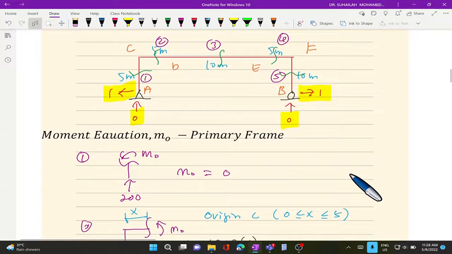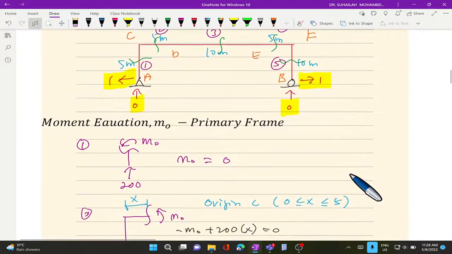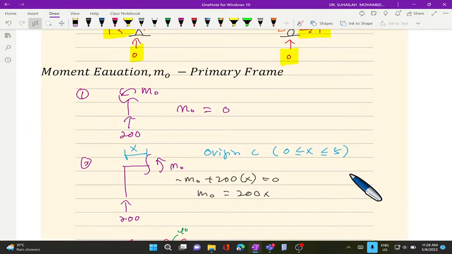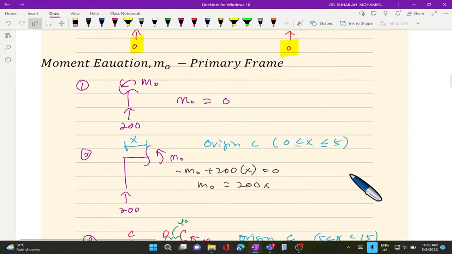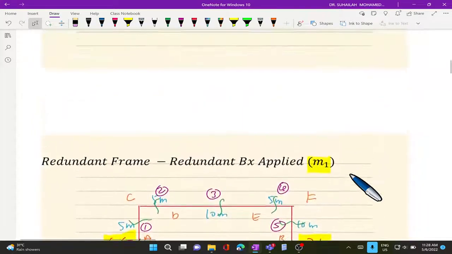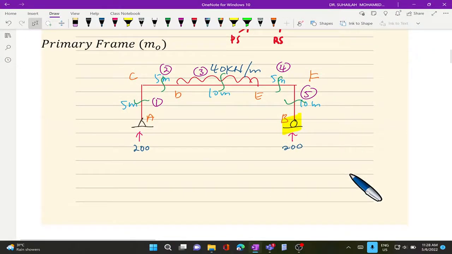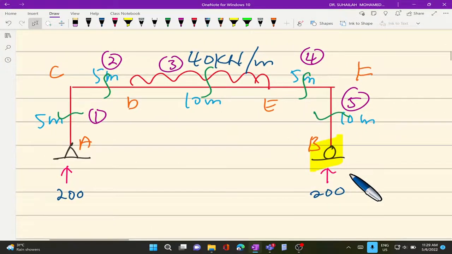Okay. So there are two diagrams here. What we need to do is write the moment equation from the primary frame and the moment equation from the redundant frame. Remember, we have 5 cutting sections and I have actually labeled 1 to 5 in the diagram like this. I label AC as section number 1, until section number 5.